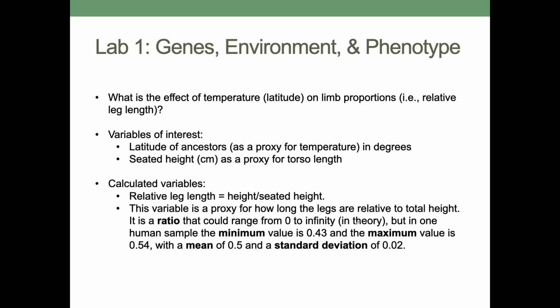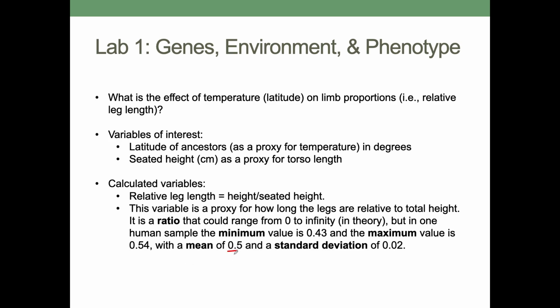In humans, it's not going to range from 0 to infinity, but rather from about 0.43 to 0.54. And so in one sample, that was the range, the minimum and maximum values for that ratio.